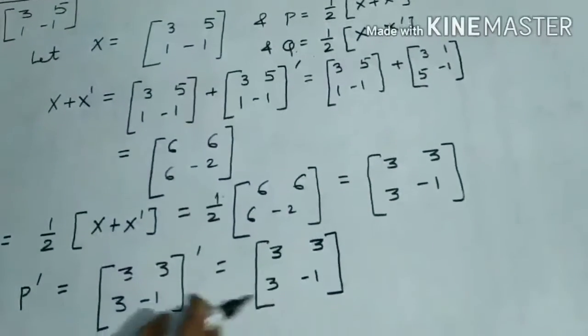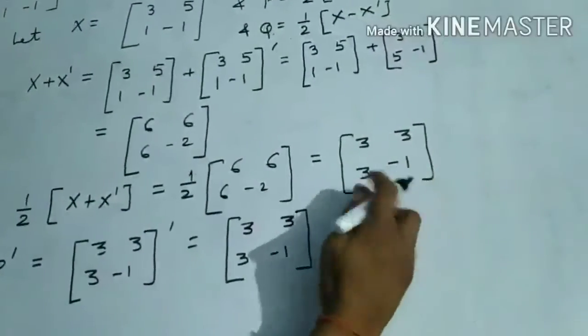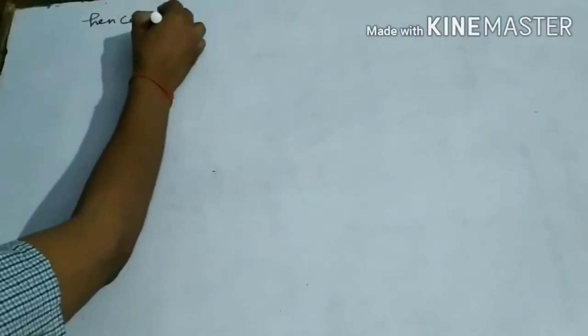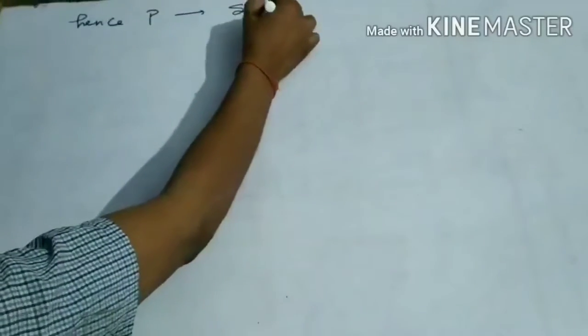So this is the transpose of matrix P. Now you have to see that this matrix and this matrix are the same, so this is equal to P. Hence P is a symmetric matrix.